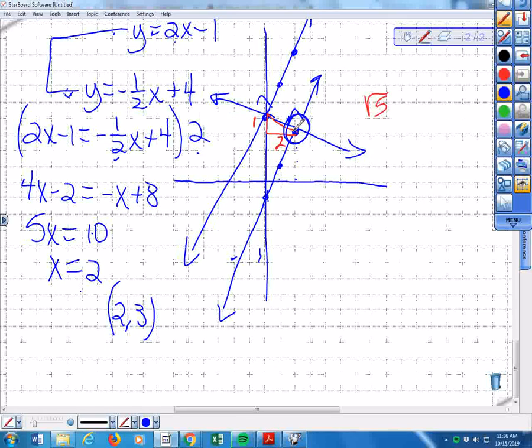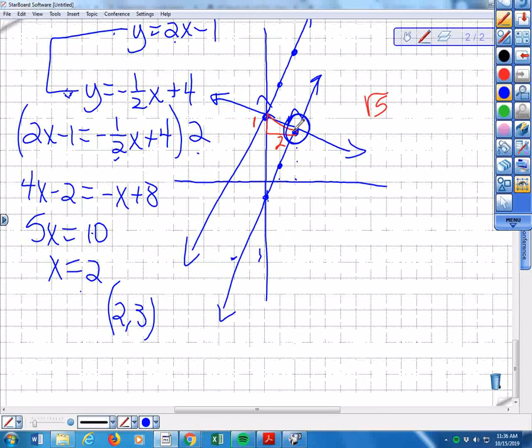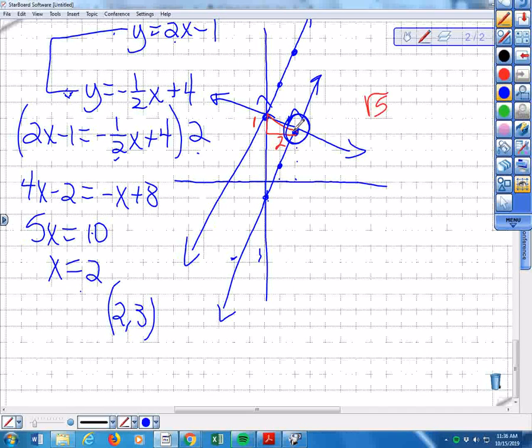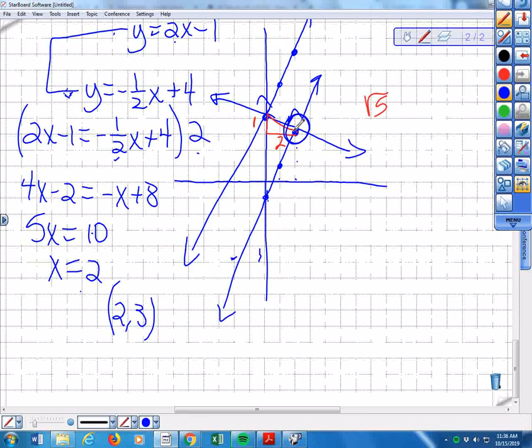Okay, let's do: determine the shortest distance between these two lines. I want to make sure I get something that makes you have to do a little.